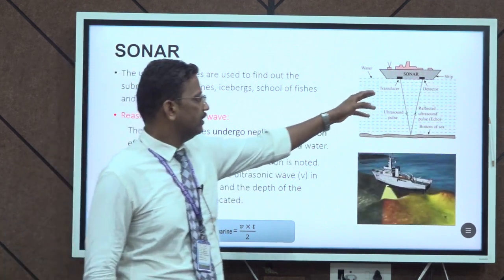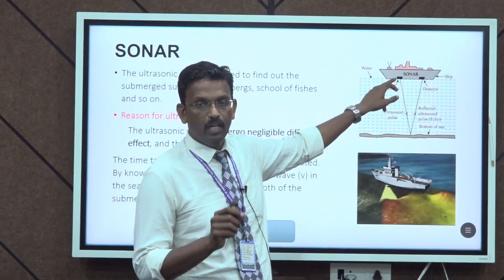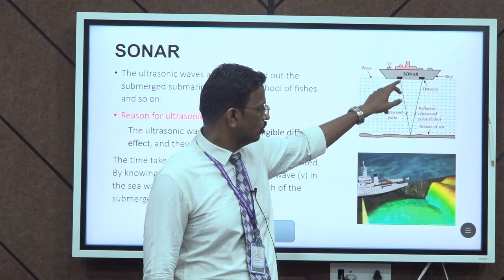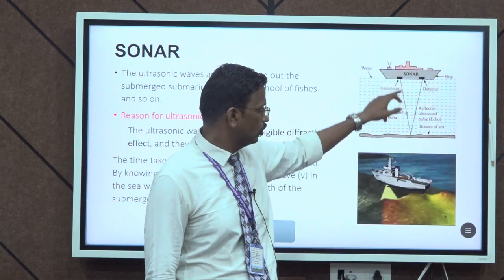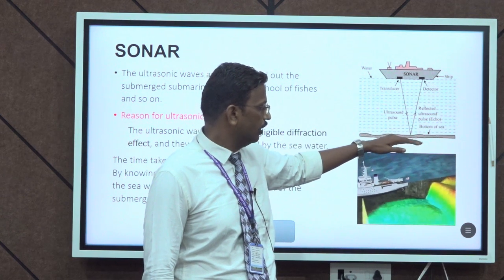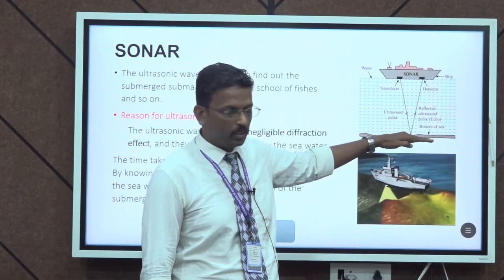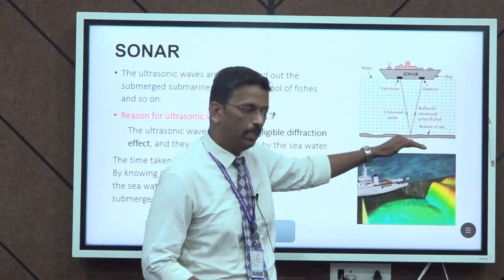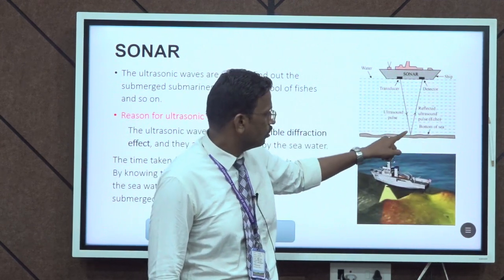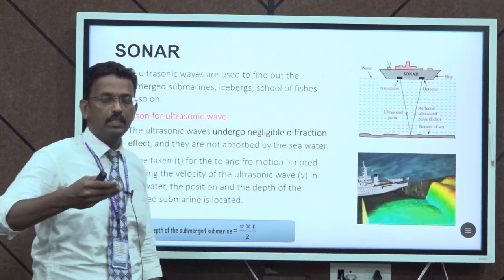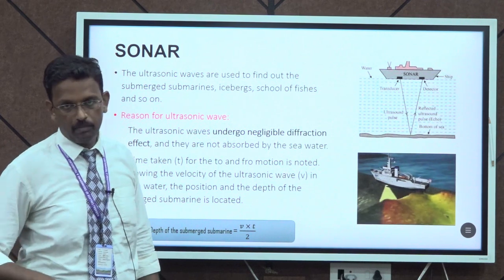Here we can see our ultrasonic source. The ultrasonic source sends ultrasonic pulses into the sea water. Finally, the ultrasonic waves reach the sea bed. Here we can see a boundary which separates two different media, so the ultrasonic wave will get reflected and return to the same ship from which it originated.